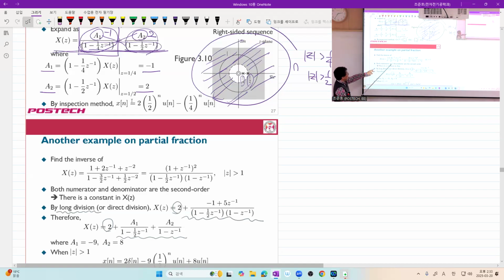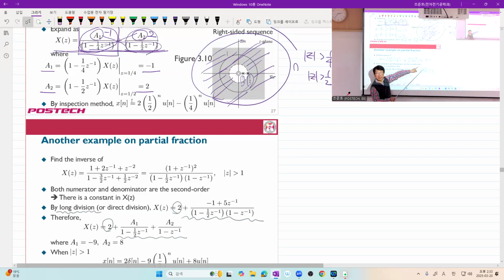Anyway, one of the methods is this one. You have so-called long division. It means you divide the numerator by the denominator. And easily you will see that the quotient is 2, because this times 2 is that one. So you can immediately rewrite capital X in that way. The key is that you have a lower order polynomial in Z inverse in the numerator.